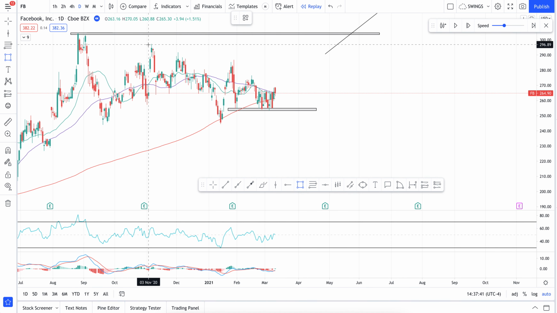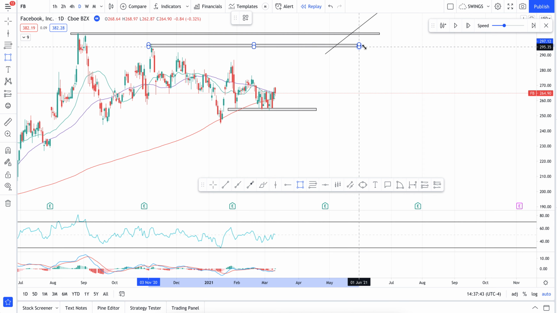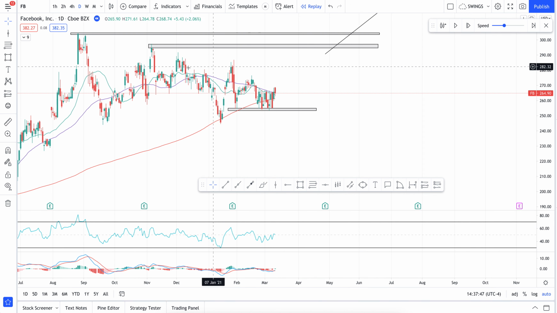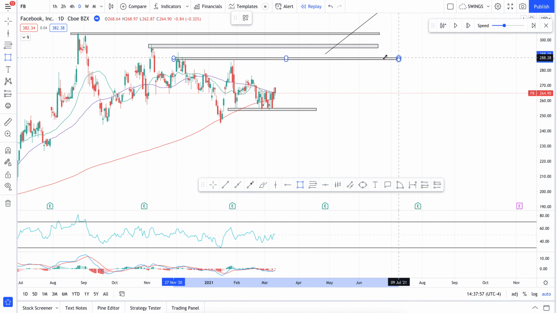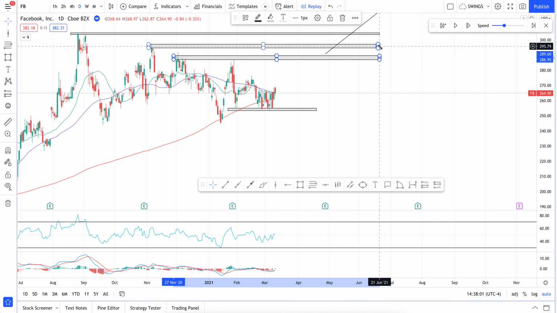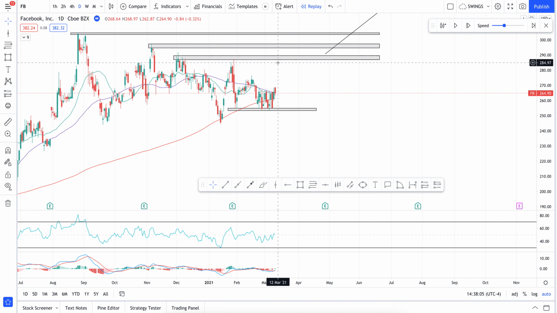I have a resistance level here from previous price movement, and all I'm doing right now is measuring the extreme high points on the chart. I'm making sure that I notate them and keep them on my records by measuring them out with this rectangle tool. So I got a few resistance levels here, 1, 2, and 3, and I got a support level here.